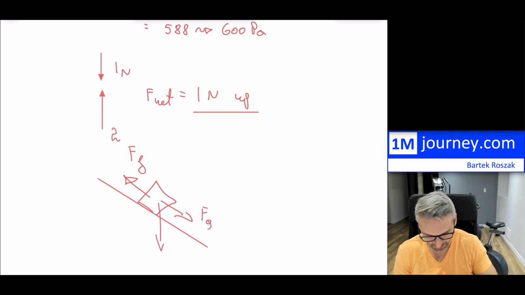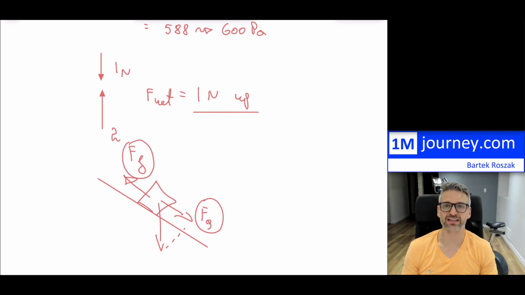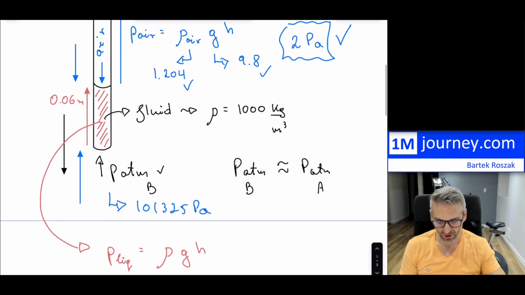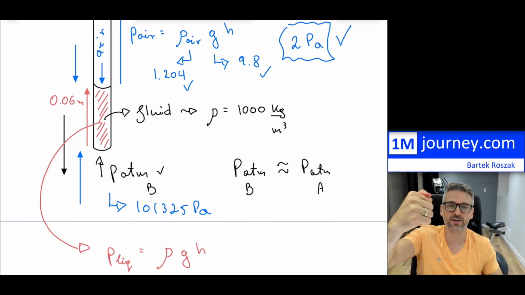Now gravity is going to be this way, so it's going to be that particular component. So the force of gravity is going to try to pull it down. However, the force of friction is preventing it. This is exactly what's happening here. You do have the pressure, the forces pushing it up, but the adhesion and cohesion forces are preventing this liquid from going up. So that's why it just stays there, right?